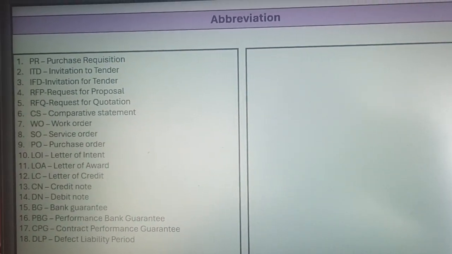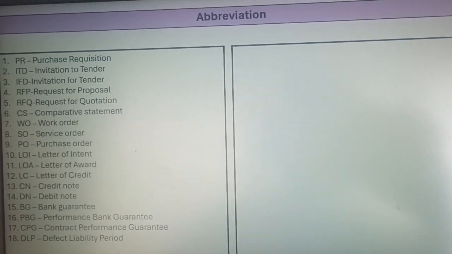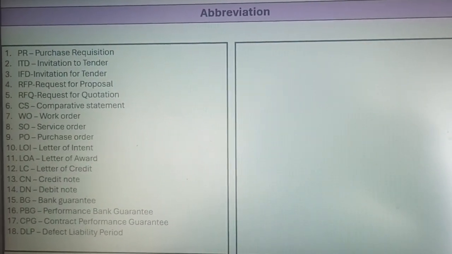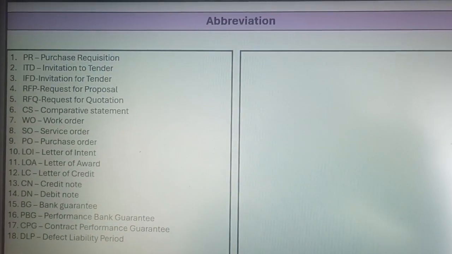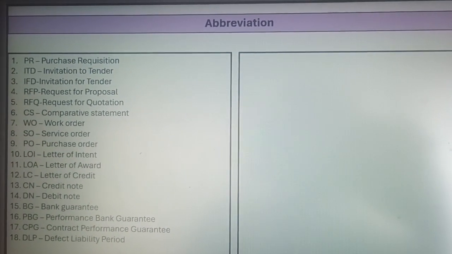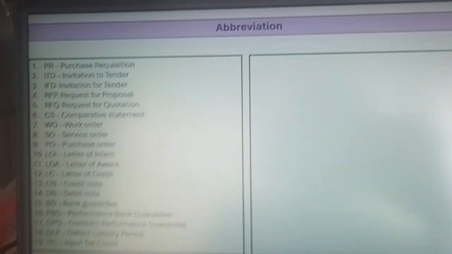It is called DLP. What is the DLP? Defect liability period. We take some guarantee from the contractor after completion of work.